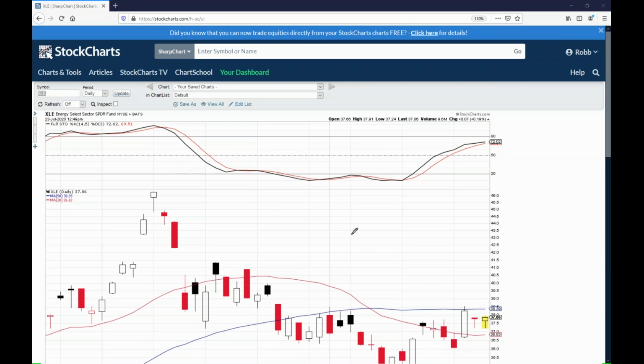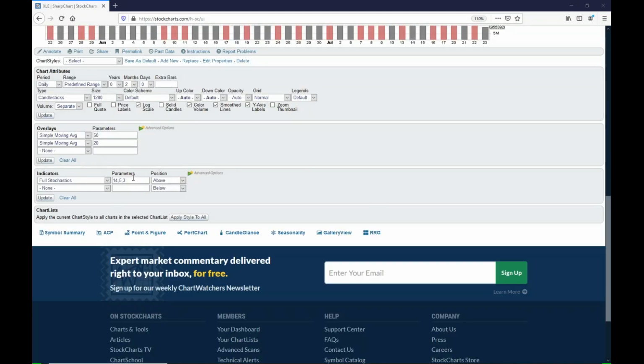You can still see the divergence here as the indicator did not go down with the price action going down further. And we've stayed on a buy signal since here. We didn't get that little whipsaw sell signal. We're still on a buy signal, just by changing it to a 14, 5, and 3 instead of a 14, 3, and 3. It just takes a little bit more time to get that change.